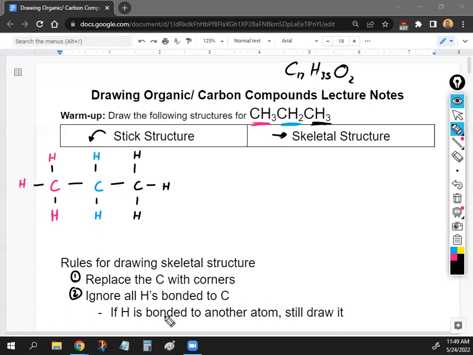But if it's connected to another atom, you still draw it. So for example, if you have a hydrogen connected to a nitrogen, you got to draw that. Or if you got one connected to an oxygen, you got to draw that. Okay. So those are the 2 rules that we're going to be working with, and that'll help us draw really complicated molecules very simply, okay?